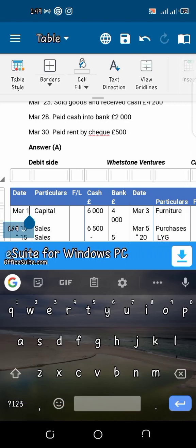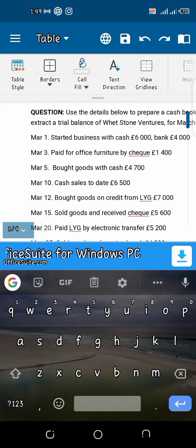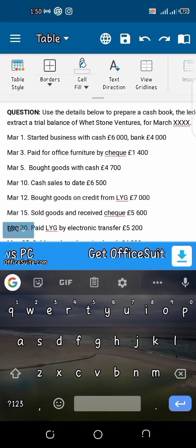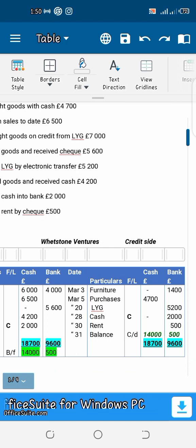Another date we want to take note of is March 3rd, paid for office furniture by check. So this is a payment, which means money goes out of the business, and that is going to be recorded on the credit side.